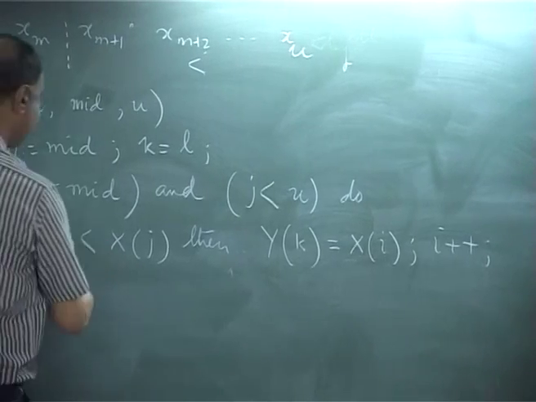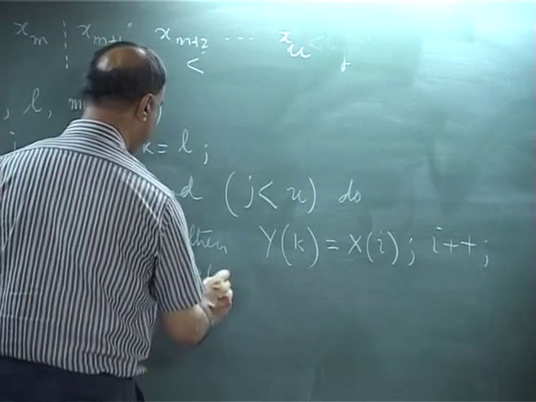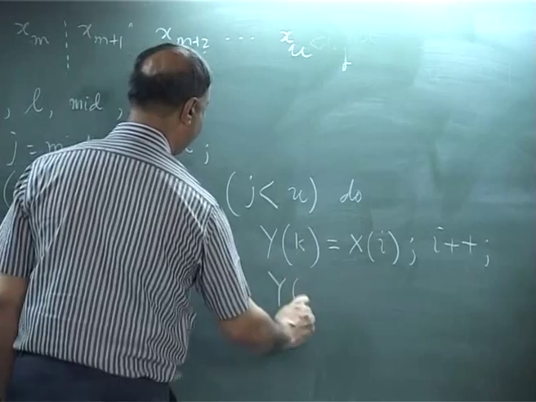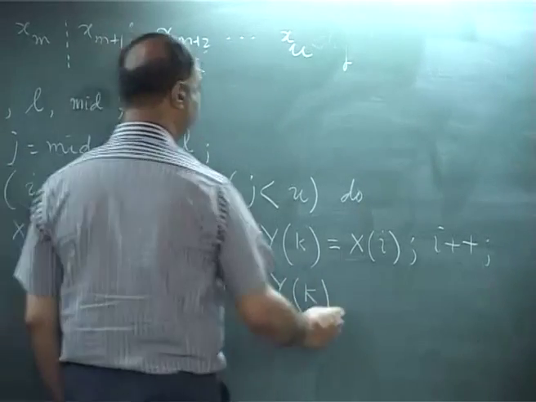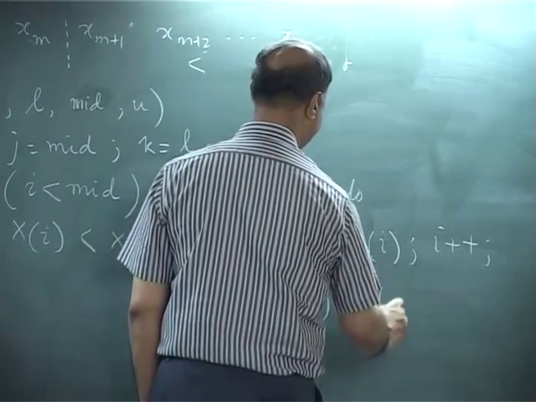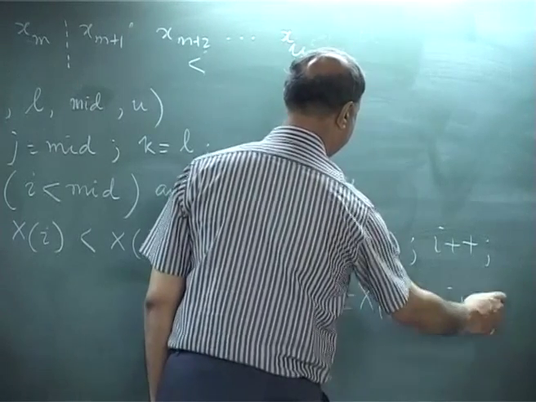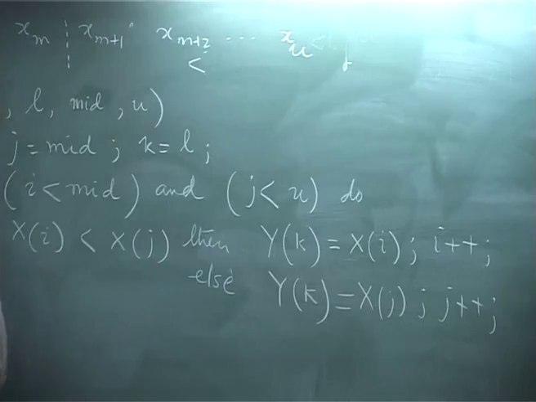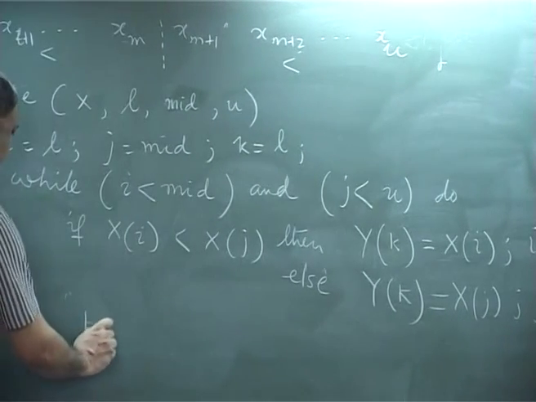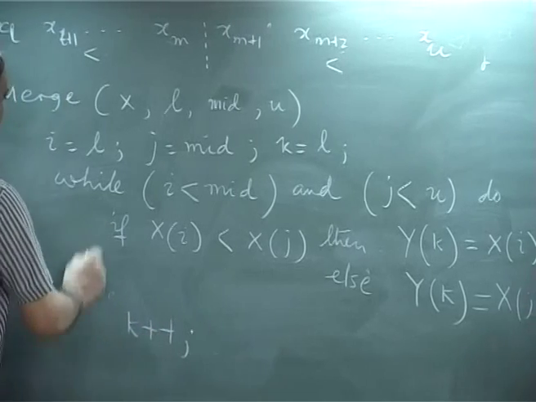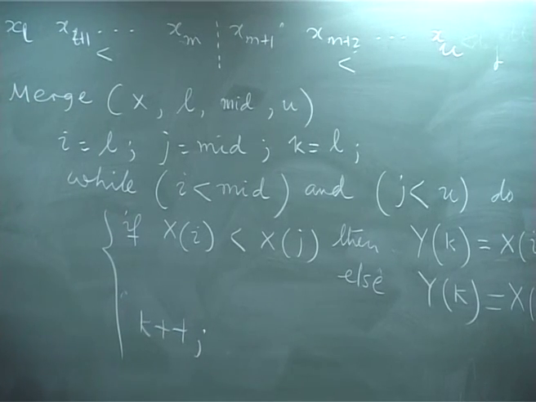Otherwise, x of j is greater, so you write else y of k is x of j and j is increased by 1. And in both cases, your k will be increased by 1.